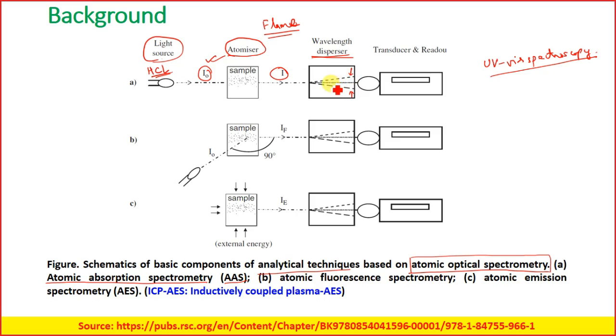Then you use an optical band pass filter and take it to the transmitter for readout. If you are interested in only one wavelength, say lambda HCL, then you can use a photodetector.